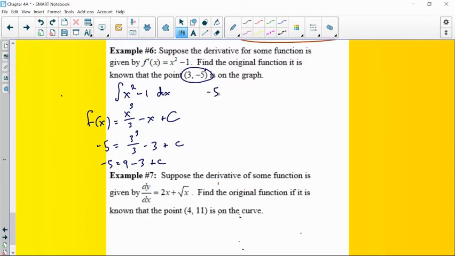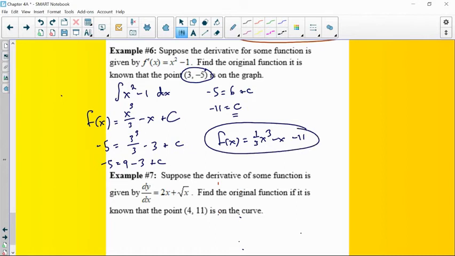So negative 5 equals 6 plus the constant, or negative 11 equals my constant. So once I know that, it's not just any function, it's particularly 1/3 x cubed minus x minus 11. That is our given function. It'll go through that corresponding point.